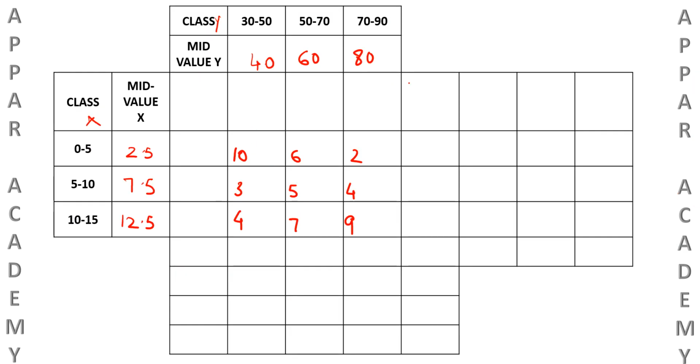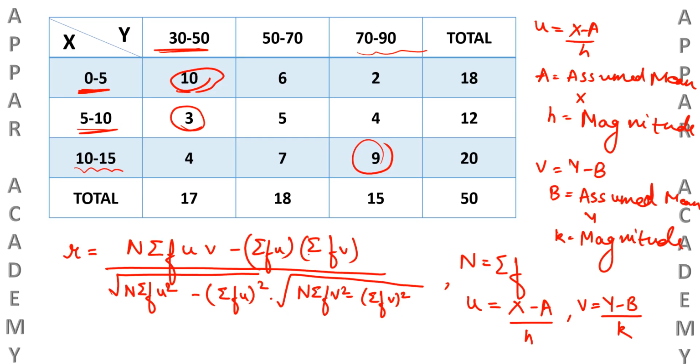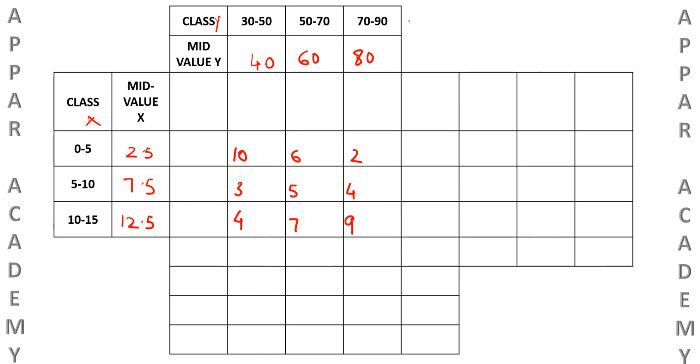Okay. Next step, in order to use this formula, let's see what all things we need. The first thing we need to calculate is u and v, right? I'm just writing down what all things we need. We need u, we need v. What else do we need from here?